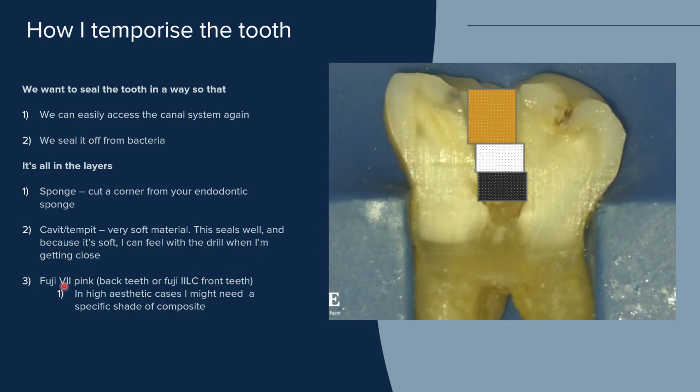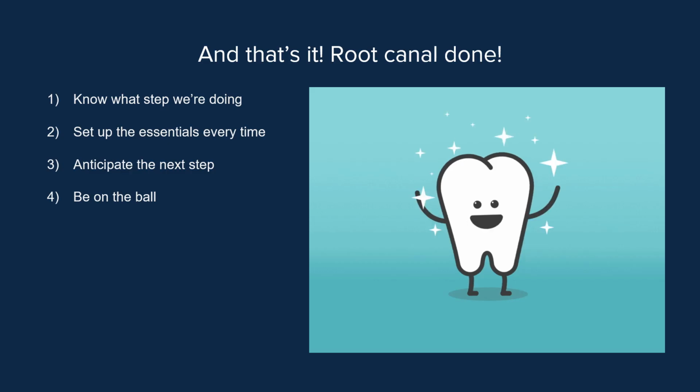So make sure you use an appropriate material, and again, the dentist will let you know what material to use, but if you are familiar with the dentist, you will know that Fuji pink is for back teeth, Fuji 2 for front teeth. In a high aesthetic case, so if I know it's going to be very visible where I enter the tooth for the root canal, I'll probably use composite, and I'll make sure I've got the right shade of composite so that the tooth looks presentable for the patient.